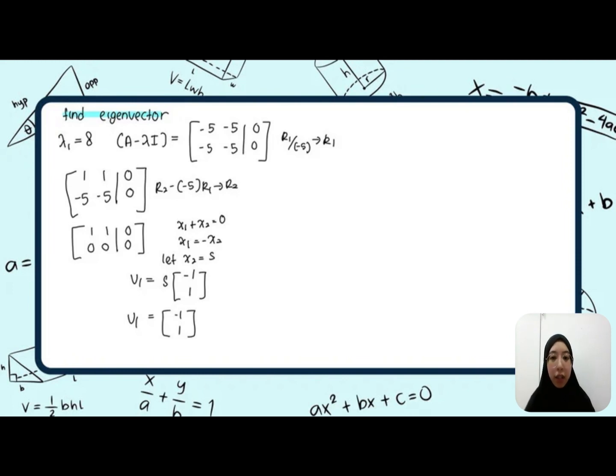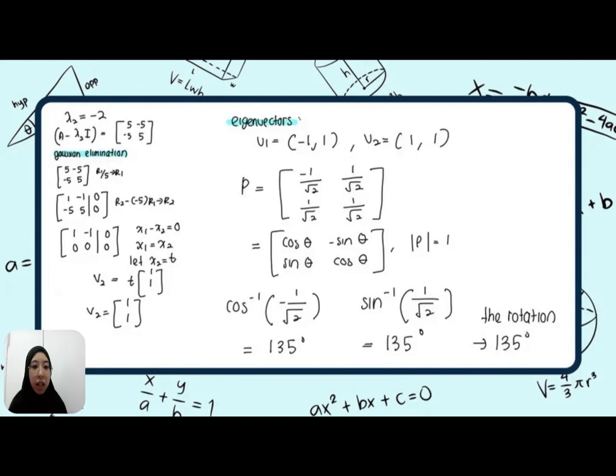The eigenvector for eigenvalue 8 is (-1, 1). Next, we use the second eigenvalue, which is -2, to find the eigenvector using Gaussian elimination, and you will get the eigenvector (1, 1).